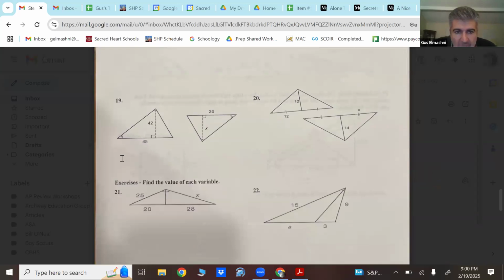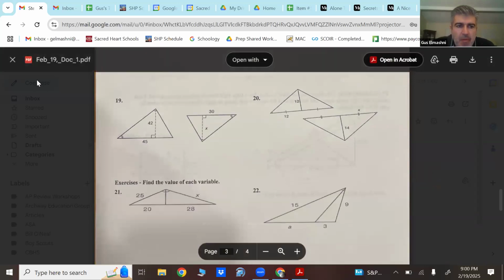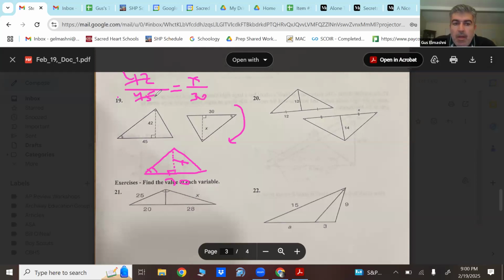Yeah, if you kind of rotate this, both are divisible by, I think, 3.